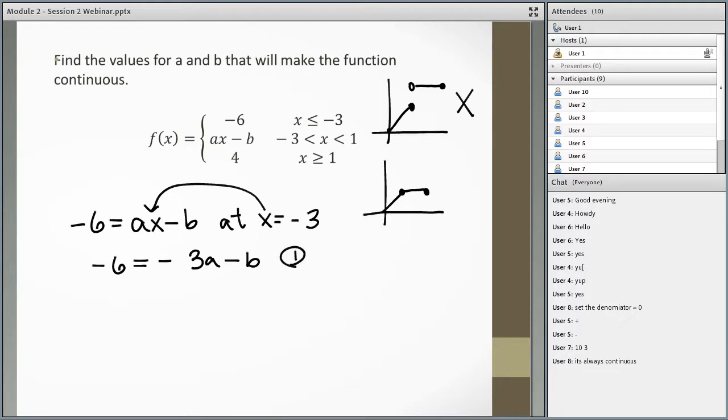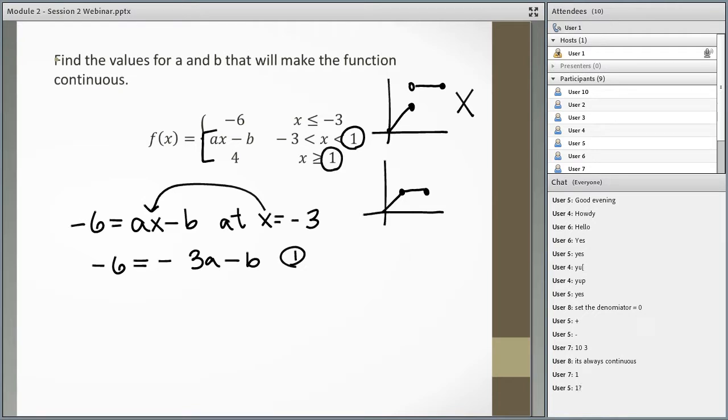I've got one equation. Well, I can do the same thing with the second part of the piecewise function. I can say where I want them to join together, I need them to be equal. And what x value do these two need to be joined together? Well, this one ends at 1. Good, 1.